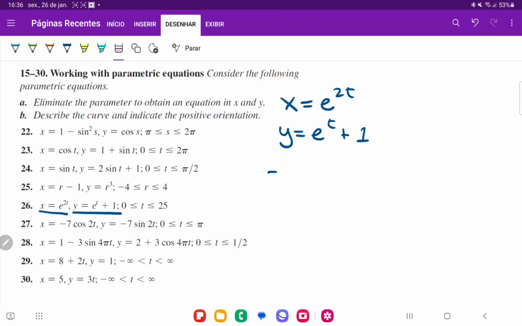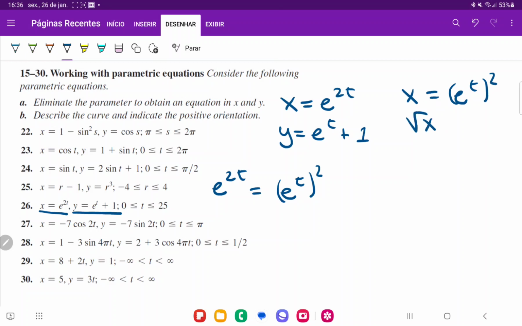Before I do this, e to the 2t is just e to the power of t squared, because when you raise to an exponent, you just multiply it. So we have that x is e to the t squared. And so I'm just going to take the square roots of both sides. So I have that the square root of x is equal to e to the t.